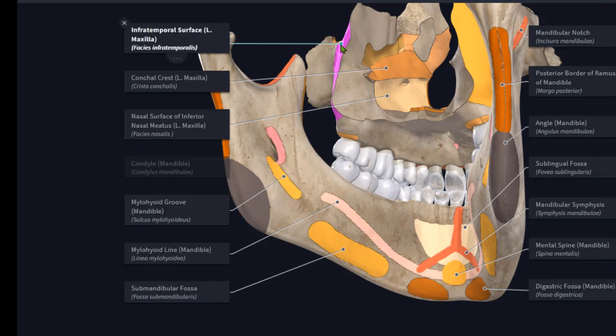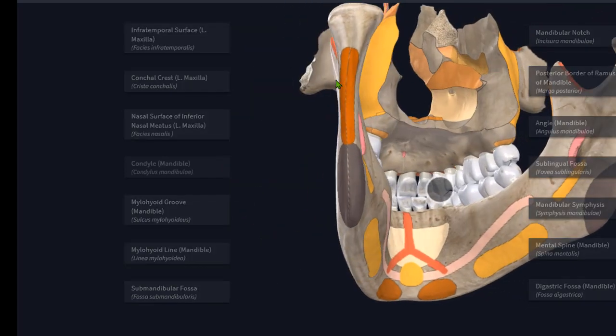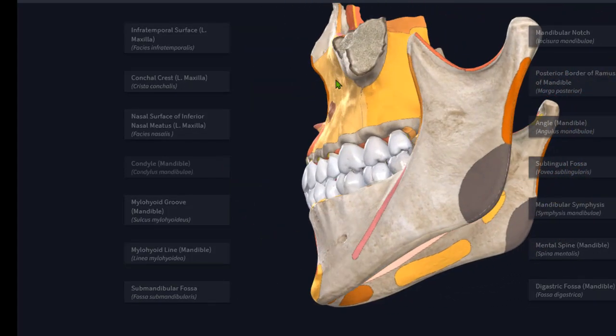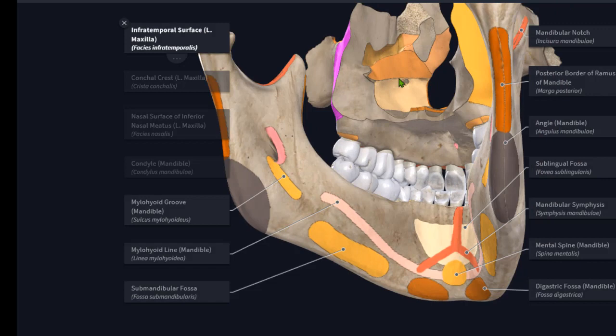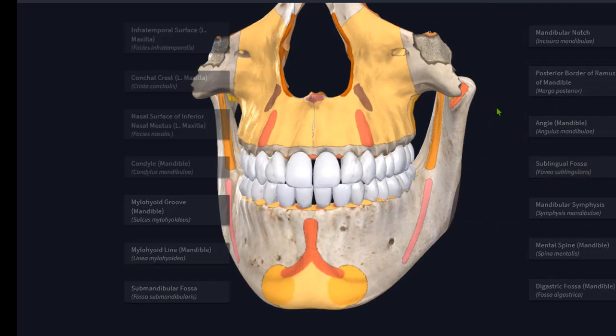You can see this in this view. This surface is the infratemporal surface, or your posterior surface. Then you will find the body of the maxilla. This whole part is your body of the maxilla.